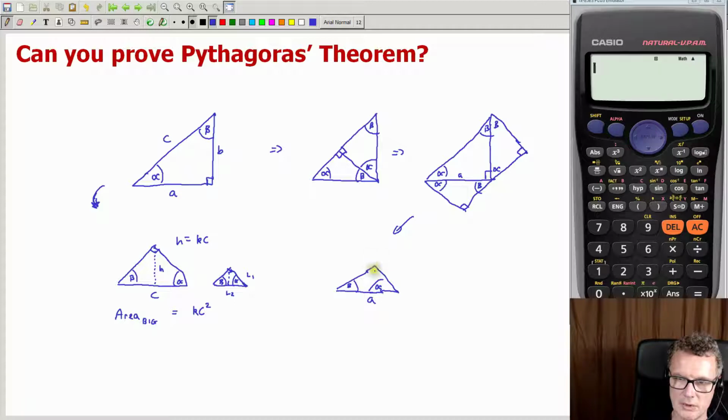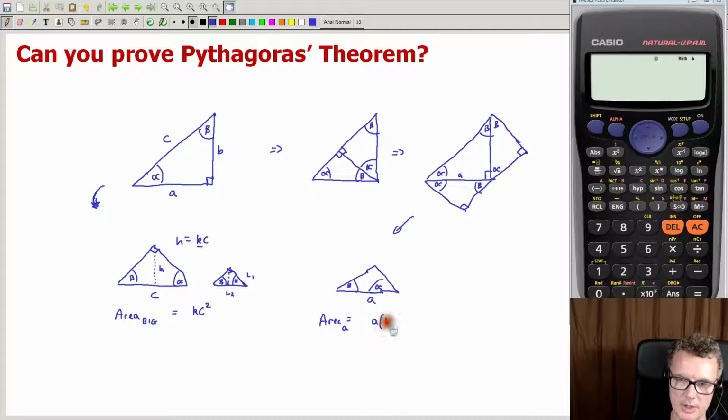So that's going to have a height, and so the area for your A triangle is going to be the base times by, it's a similar triangle, same one as before. We've got the beta on the left, so this height must also be dependent upon A by the same constant.